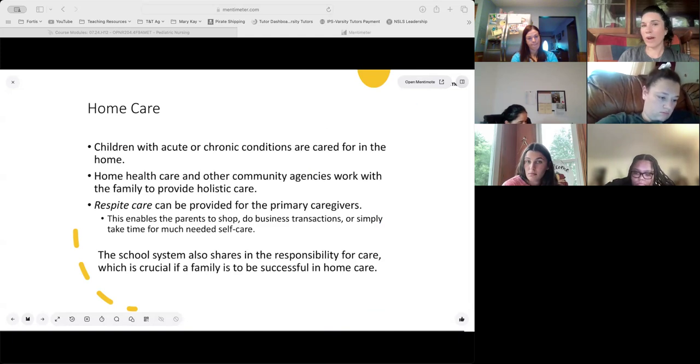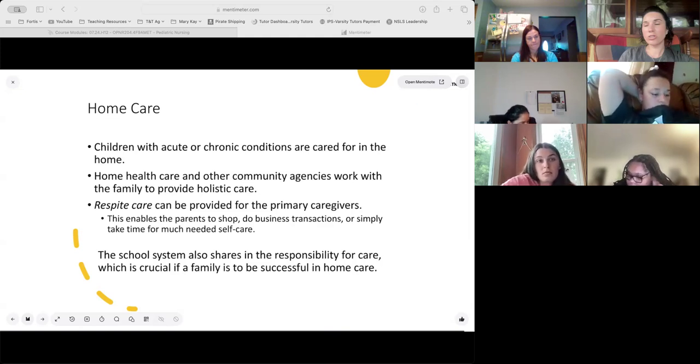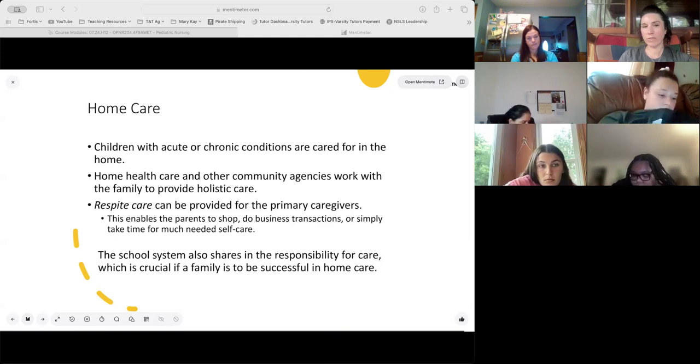We can also provide respite care for our patients with chronic illness so that parents have an opportunity to do some shopping, run errands, take care of themselves without having to worry about their child being safely taken care of. And then we also want to check in with the school, making sure that they understand any new medications, new treatments that will be required when this child comes back to the school environment.